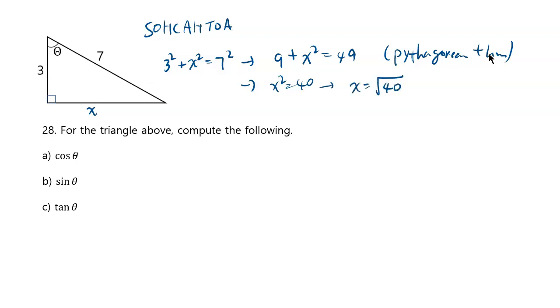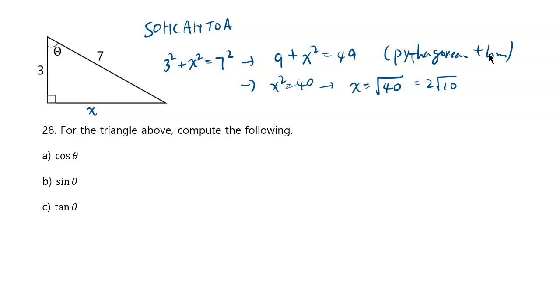It can't be negative. Usually when you take the square root, you should put plus or minus, right? But it can't be negative here. And then if you take the 4 out, that becomes 2, so it's 2 radical 10. Okay.